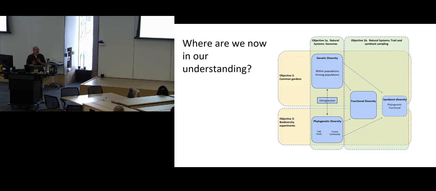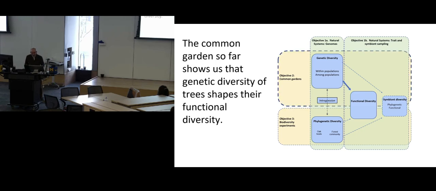Okay, so where are we now in our understanding with respect to these questions? So far, the common garden shows us that genetic diversity of trees shapes their functional diversity. All right, so we've got that part nailed.